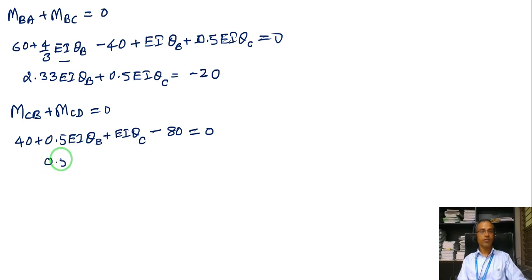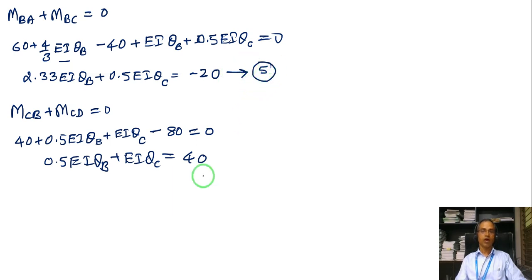So 0.5 EI theta B plus EI theta C is minus 40, the other side is 40. This is equation 5 and this is equation 6.